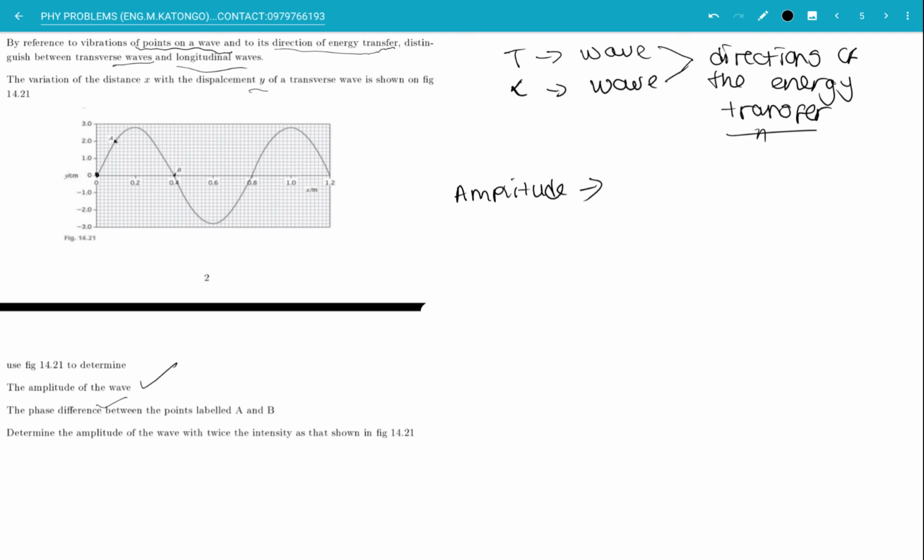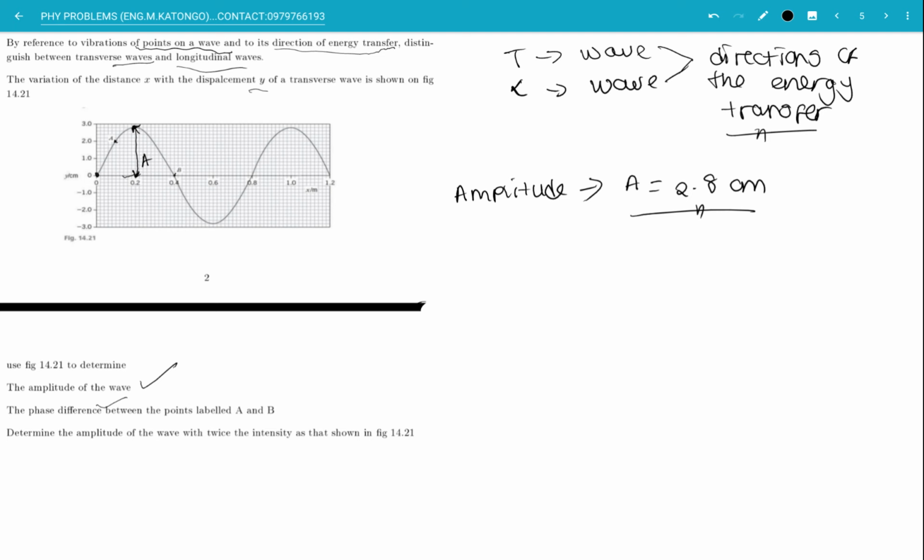And so we will have the maximum point there to the bottom part as the amplitude, which is A. And so the amplitude A, if we measure from the bottom to the highest point of the wave, which is the crest, we will have the amplitude being 2.8 centimeters.